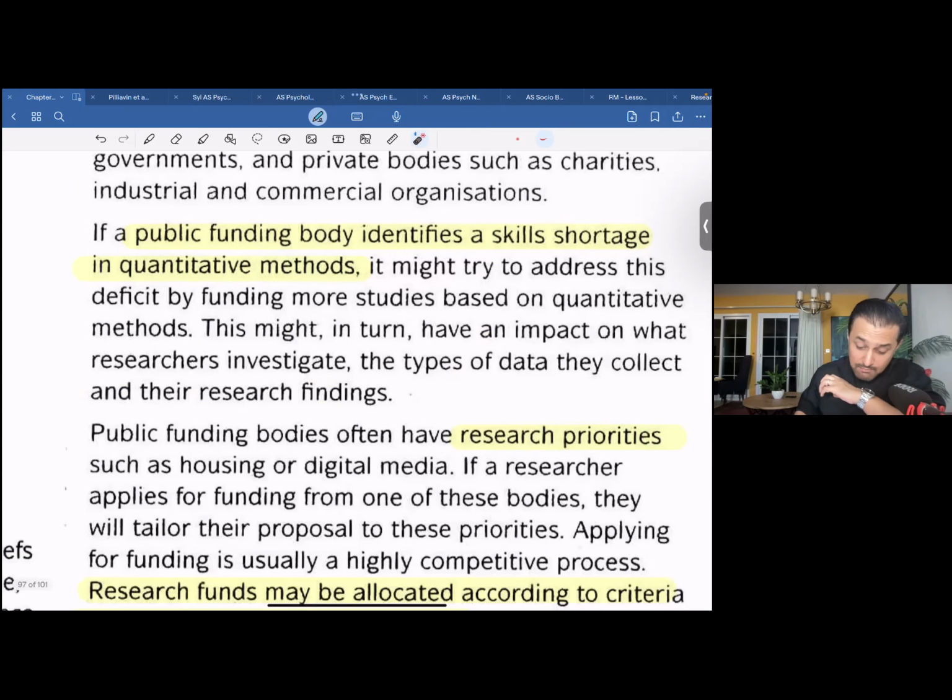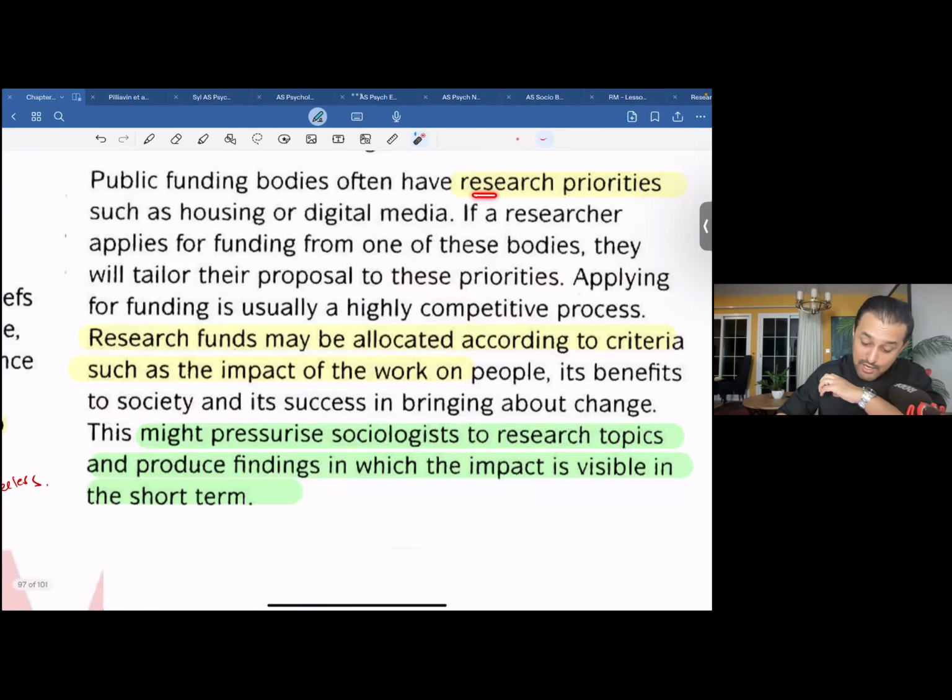Taking this ahead, public funding bodies often have research priorities such as housing or digital media. These are just examples the author of the book has used over here. If a researcher applies for funding from one of these bodies, they will tailor their proposal to these priorities. Applying for funding is usually a highly competitive process. Research funds may be allocated according to criteria such as the impact of the work on people, its benefits to society, and its success in bringing about change.